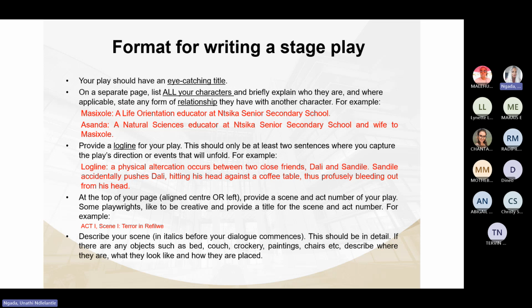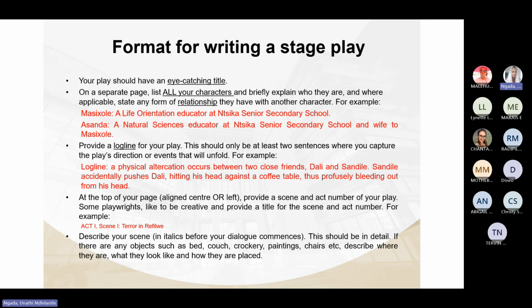That type of thing. And on a separate page, you need to list all your characters, and then briefly explain who they are and, where applicable, what relationship they have with another character in your play.